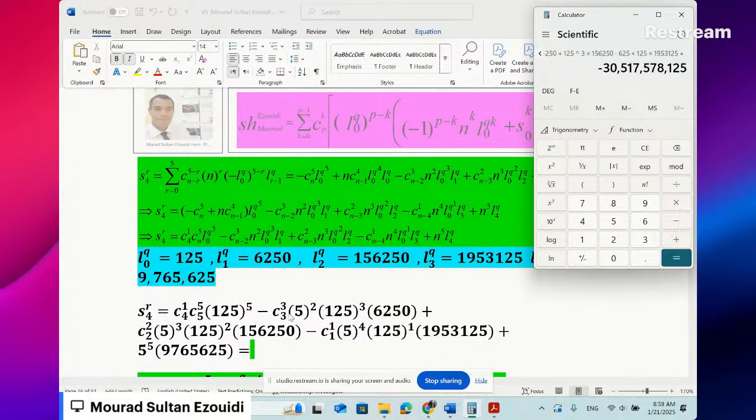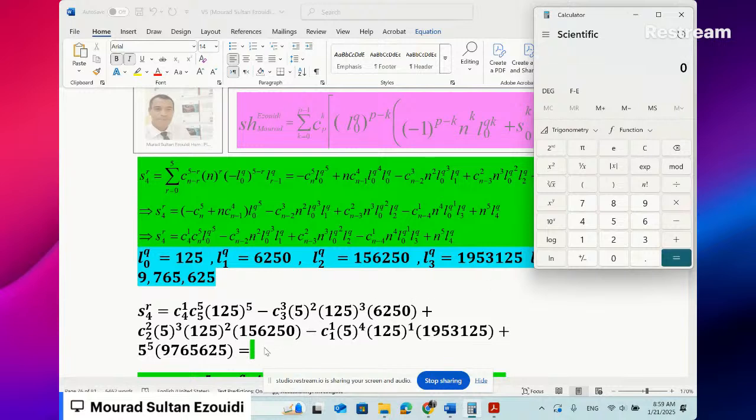plus 5 raised to the power 5, multiplied by 9,765,625. This one is equal to 0. You see?